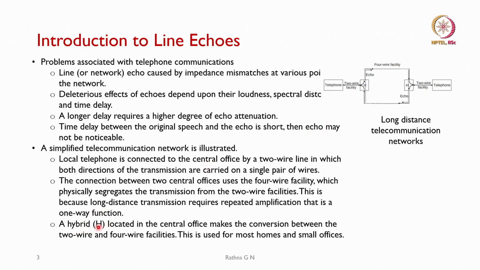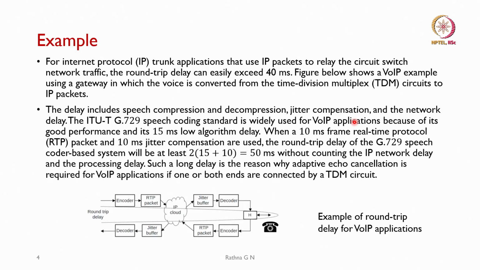A hybrid located in the central office makes the conversion between the 2-wire and 4-wire facilities. This is used for most homes and small offices. Otherwise, we have exchanges and switches through which you can be connected.